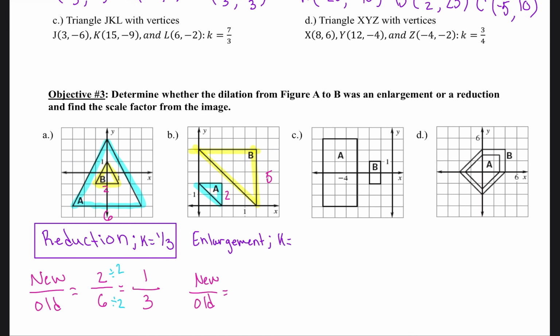And since I know the new one is B where it ends, we put that on top, 5/2. That's not going to simplify at all. There isn't a number that divides 5 and 2. So we're going to just leave it as an enlargement with a scale factor of 5/2. And that would be it.